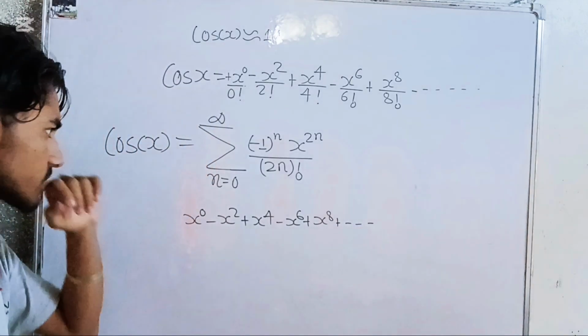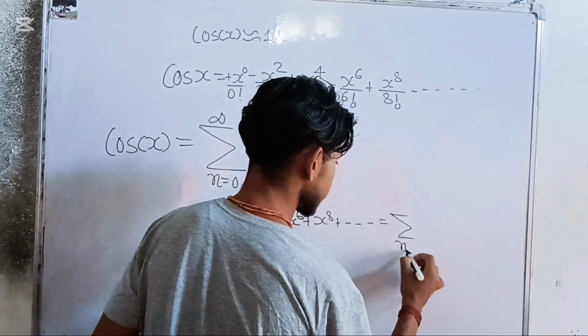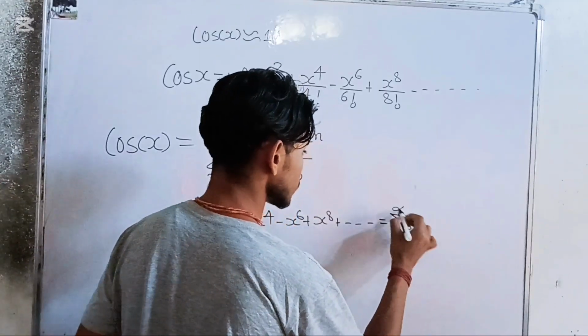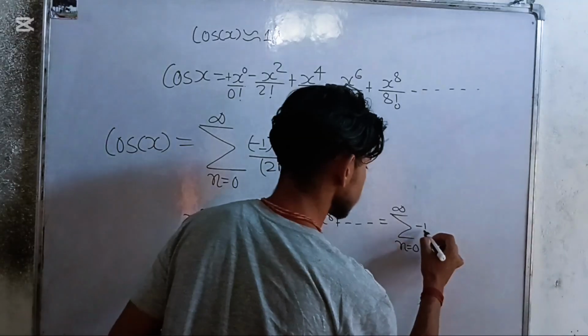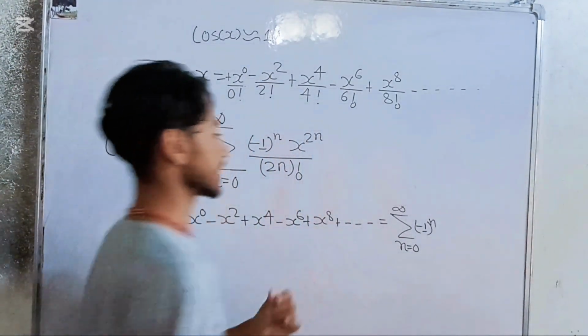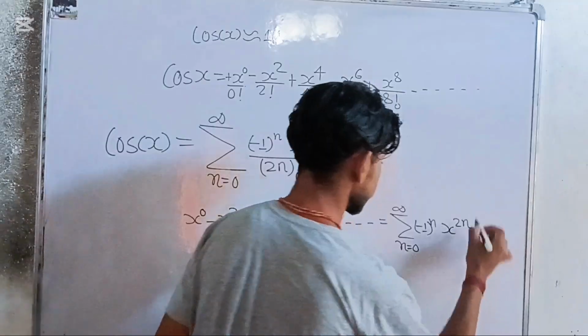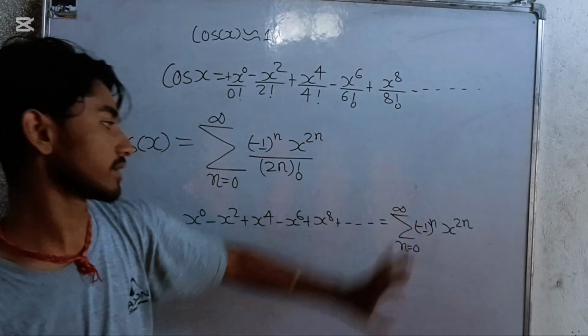So I would make you feel better about this. My summation grows from n equal to 0 to infinity. For the sign convention, we have to use minus 1 raised to n, and in each term the power increases by 2, so I'm going to use x raised to 2n. Firstly check this, don't look at that, just look at this.